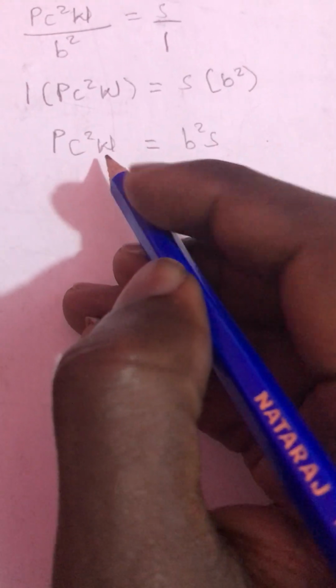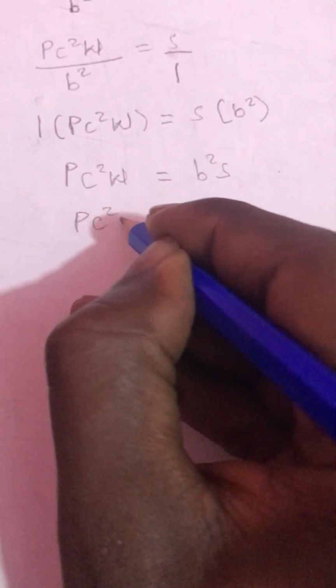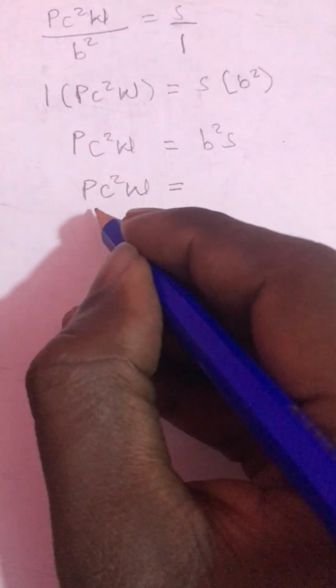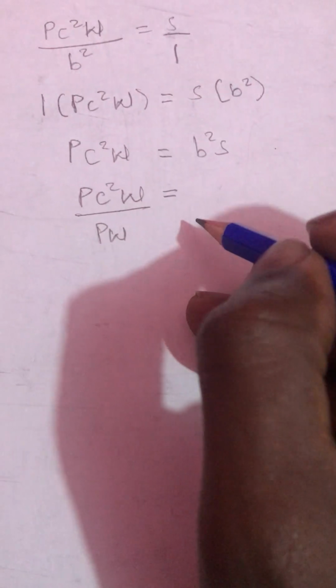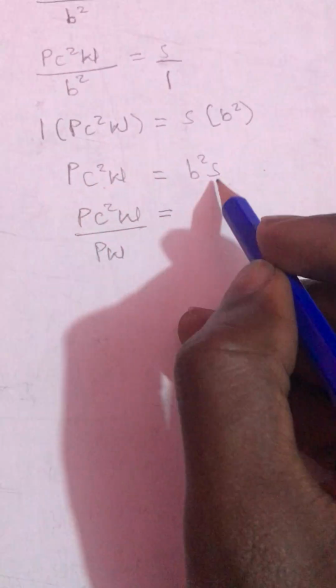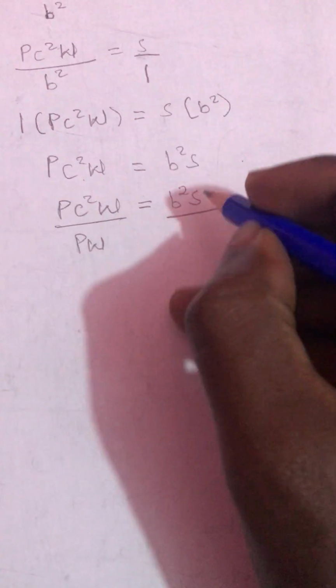So in order to free up C square, we divide P C square W by P W, for C square to be left alone. Whatever you do for the left hand side, you do the same for the right hand side. So the right hand side will have B square S over P W, right?